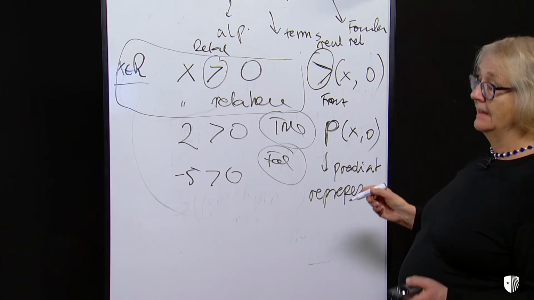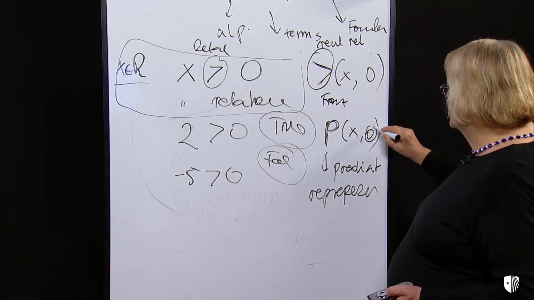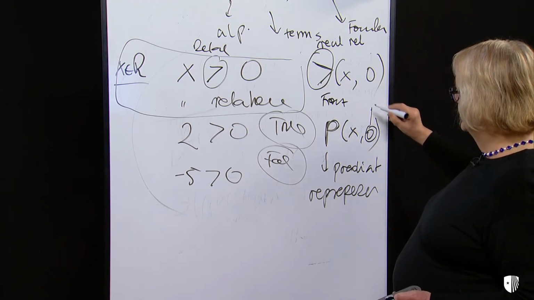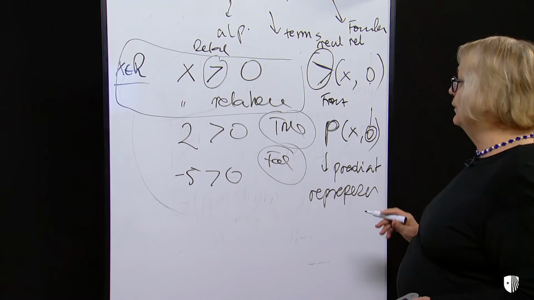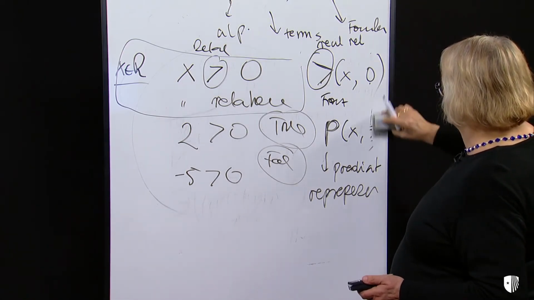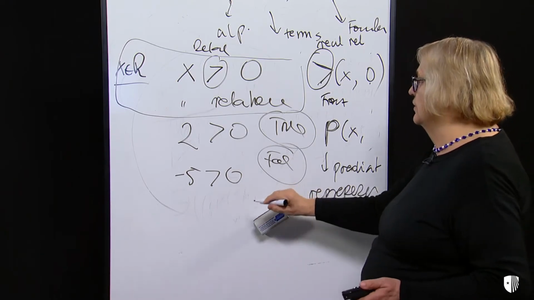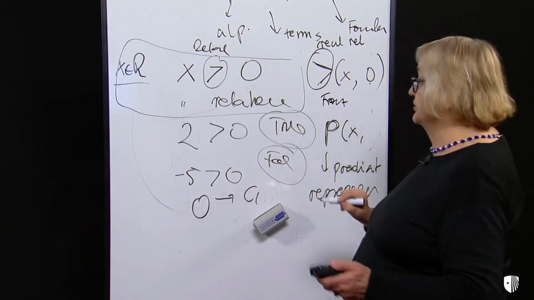And then, as I said, we have a constant. This is a constant in real life, so in logic we will also have a symbol for the constant. So 0 would be represented by a certain constant.